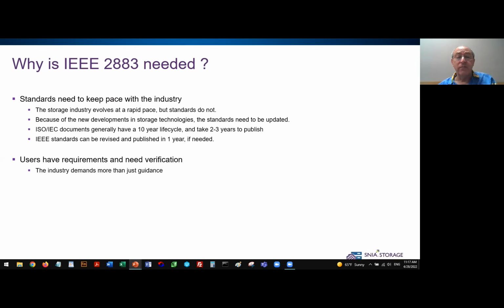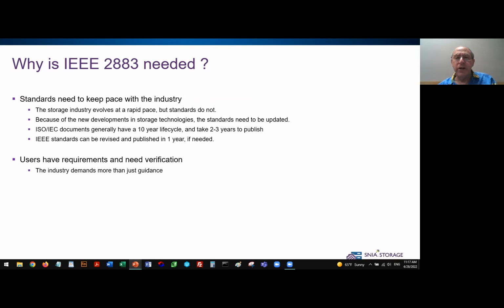I mentioned that standards need to keep pace with the industry. The storage industry evolves at an amazingly rapid pace, but some standards don't. For example, ISO IEC documents, they want to republish or reaffirm those every 10 years. And they kind of assume that they're fully baked and not much will change.